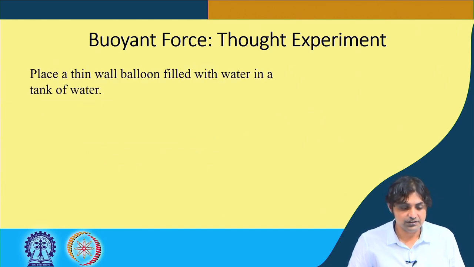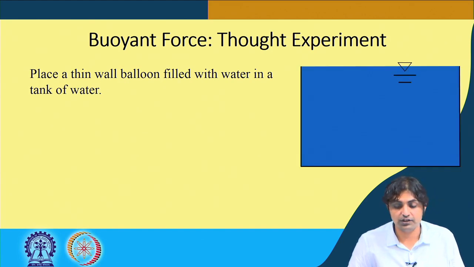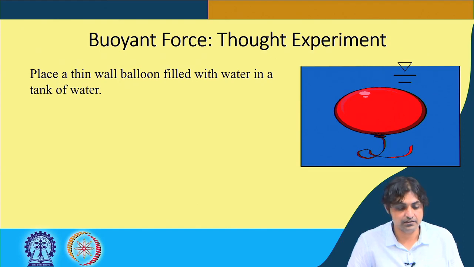If you try to do an experiment, you place a thin balloon filled with water in a tank of water, something like this. This is the balloon, filled with water, and this is placed in a tank of water.